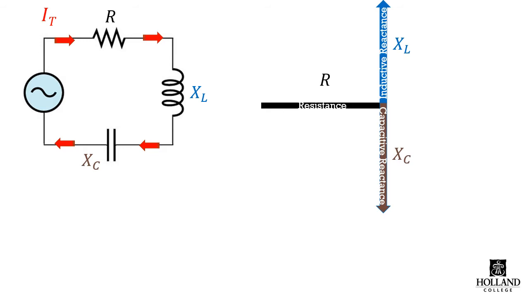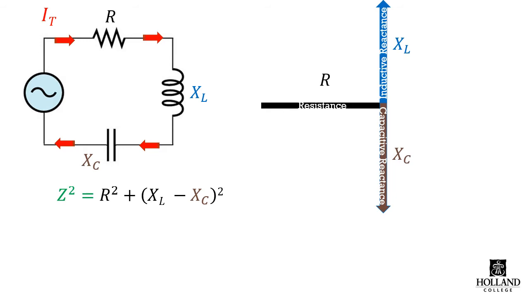Again, series oppositions add, but our resistance is at 0 degrees, our inductive reactance is at plus 90 degrees, and our capacitive reactance is at minus 90 degrees, so that our overall opposition is a vector sum of those things.